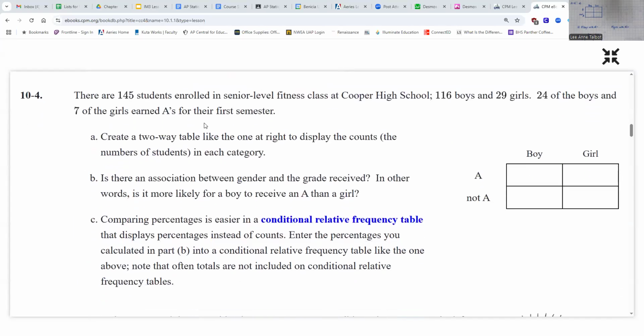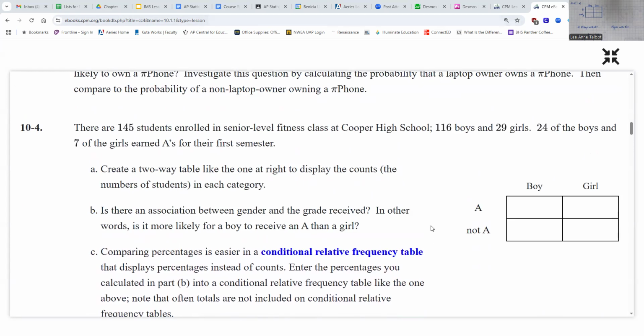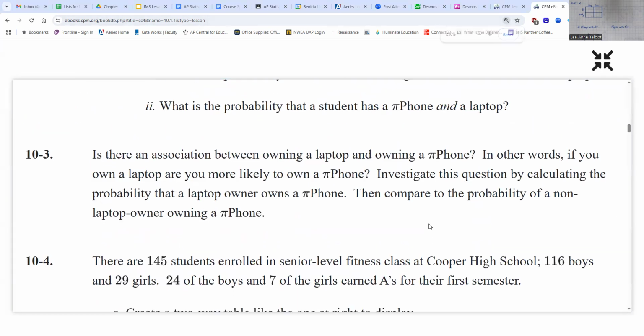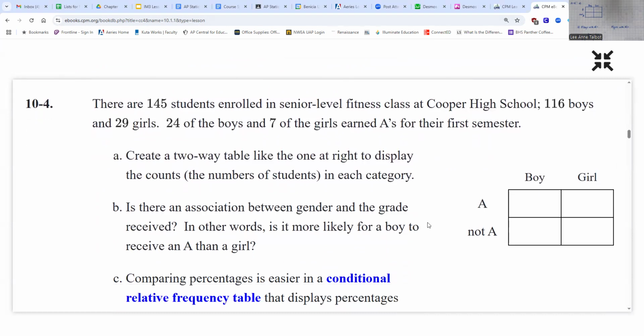Okay, so it's right here. There are 145 students enrolled at a senior level fitness class at Cooper High School, 116 boys and 29 girls. 24 of the boys and 7 of the girls earned A's for their first semester. Okay, so your job right now is to try to figure out where those numbers go in the two-way table.